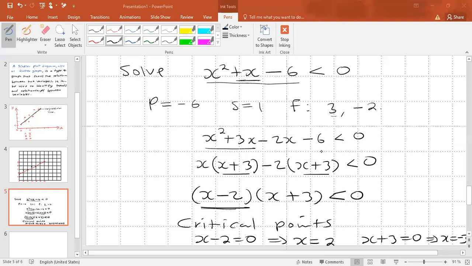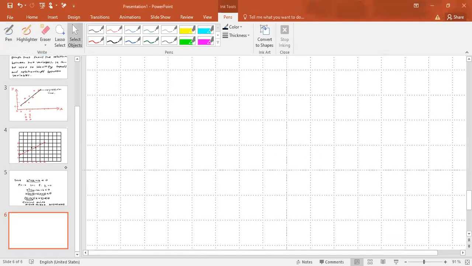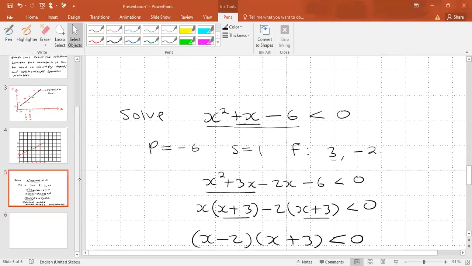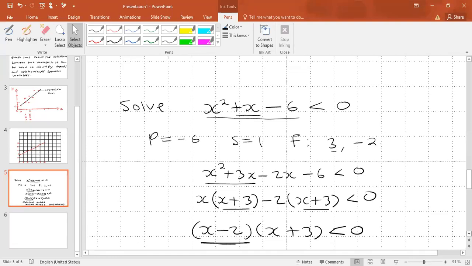Tanaswa. Yes, Tanaswa. I can't fully see your screen. You can't see my screen. I only see till x minus 2, x plus 3 less than 0. I don't see the down part. Which down part, young lady? Go down. See, I'm using a phone, really.